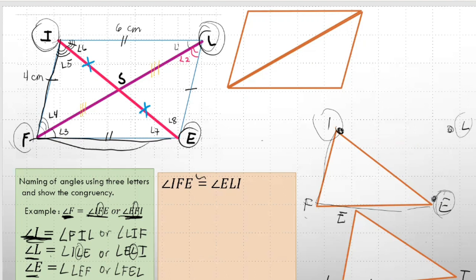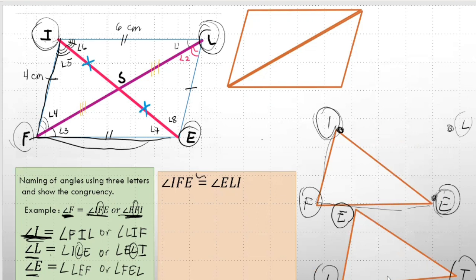Ngayon, if kanina nag-start tayo kay angle I or start tayo kay I, then F, then E. So dapat mag-start din tayo sa taas. So therefore, we have angle E, L, and I. So therefore, we can say that they are congruent. Kasi we start with IF or line IF, which is yung IF natin is congruent kay EL.